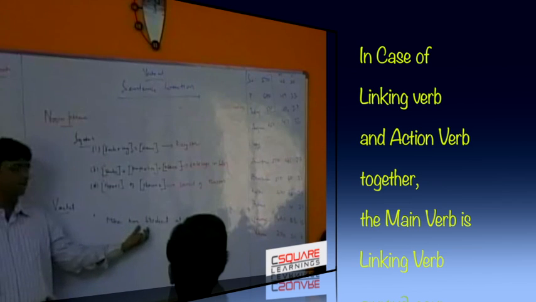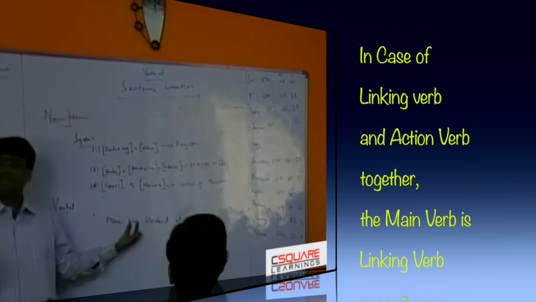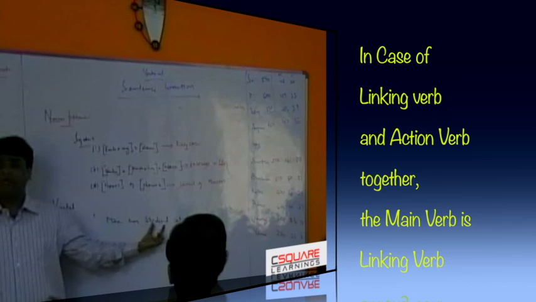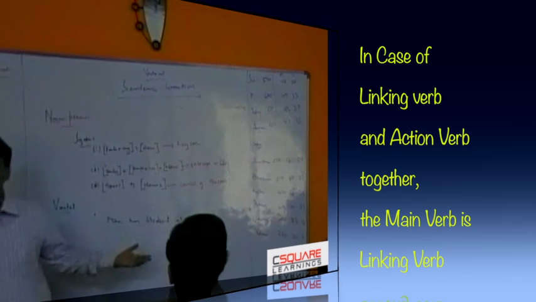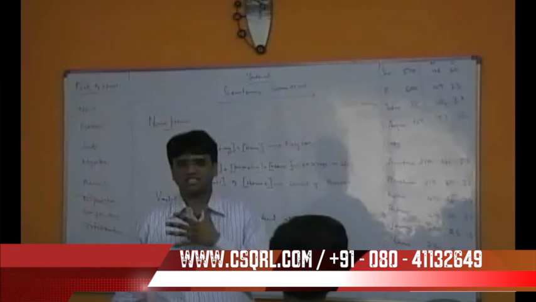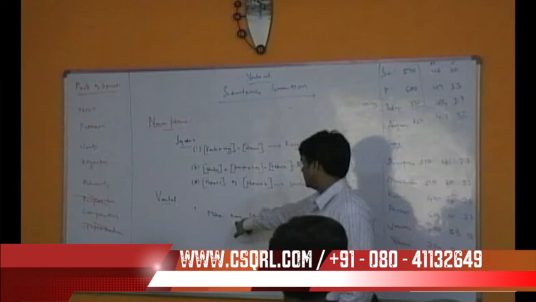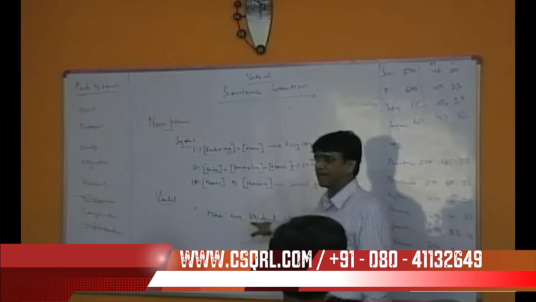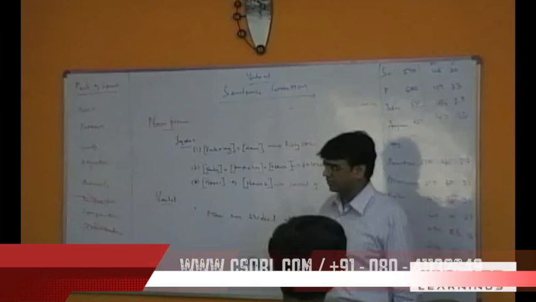Whenever I have a linking verb and an action verb together like this, my main verb is the linking verb. The action verb becomes a tense. It's a tense, nothing to worry about. Has studied is the present perfect tense. But what I wanted you to remember is, if I have a linking verb and an action verb together, the main verb is the linking verb and not the action verb. That's it.